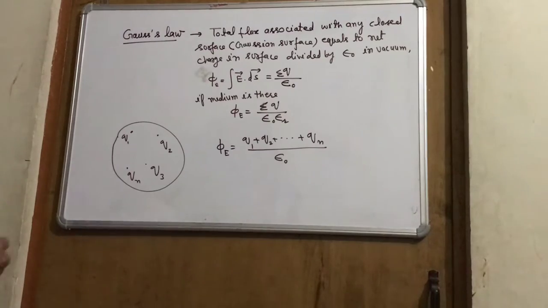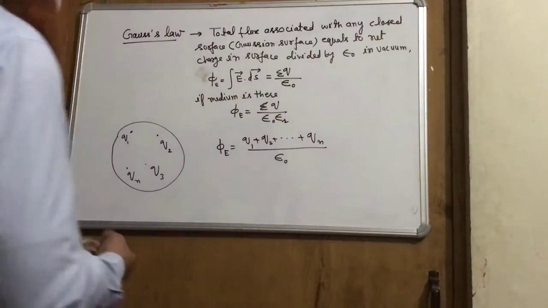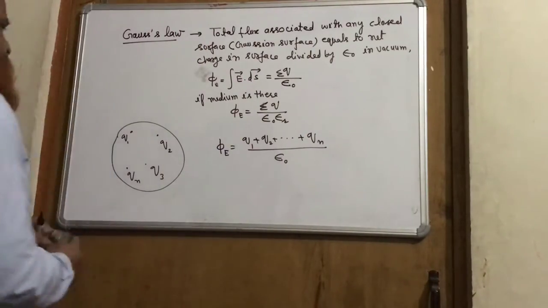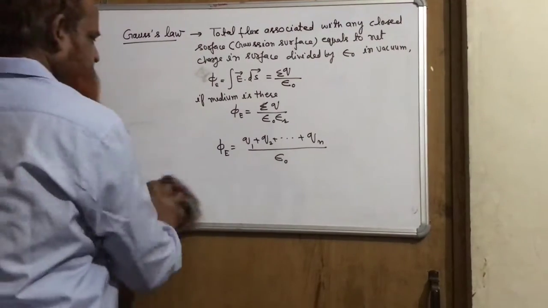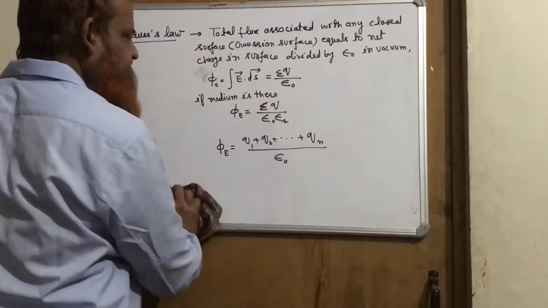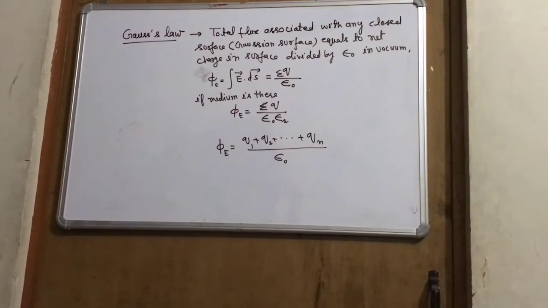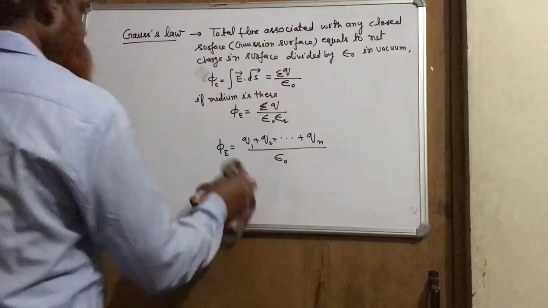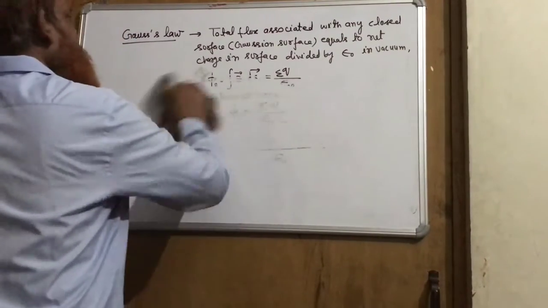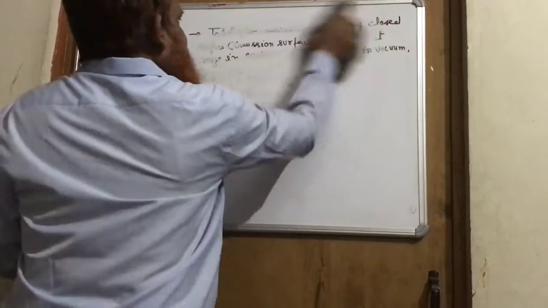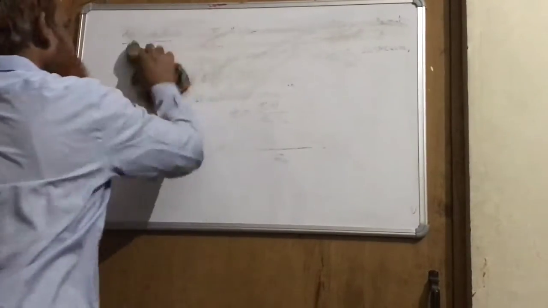Suppose many dipoles are in a Gaussian surface, then what will be the electric flux? Electric flux will be 0 because the net charge on a dipole is 0. If there are many dipoles in a surface, the electric flux will be 0. It depends on the charge.